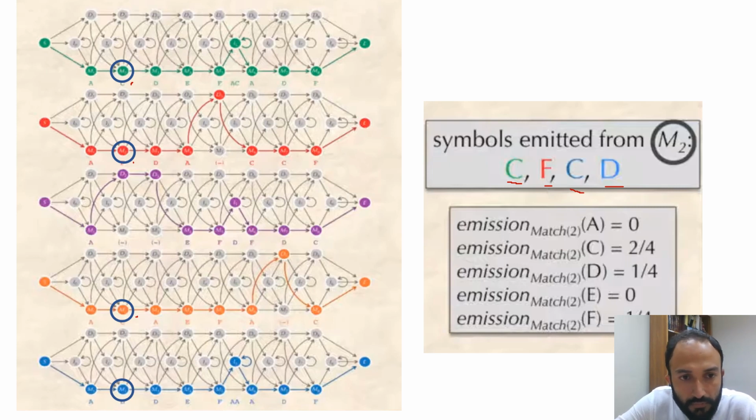And for D, it is occurring at this site once, so there is a probability of 1 out of 4, that is 0.25, 0.25, and 0.50. So the total probability will be equal to 1.